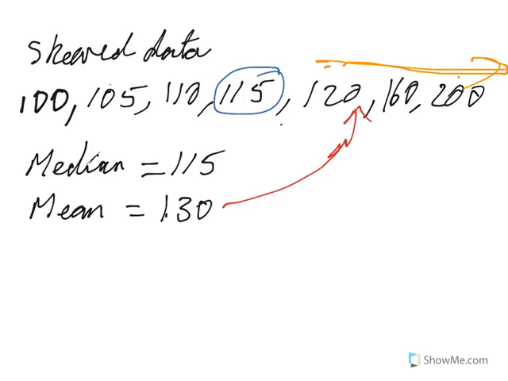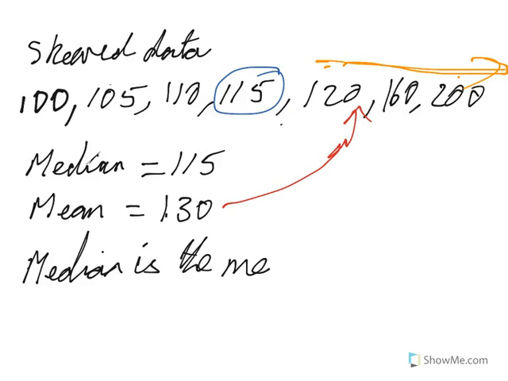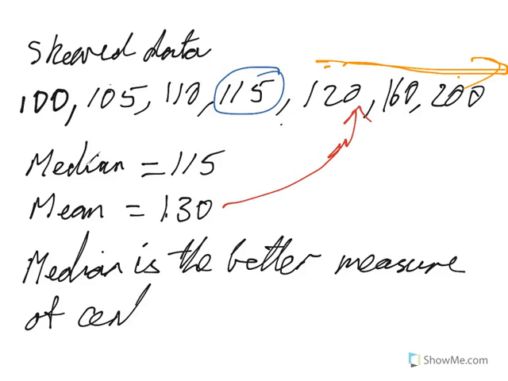So in this case, the median is the better measure of centre. Alright, so that's the skewy stuff.